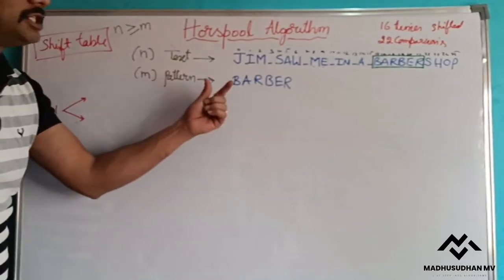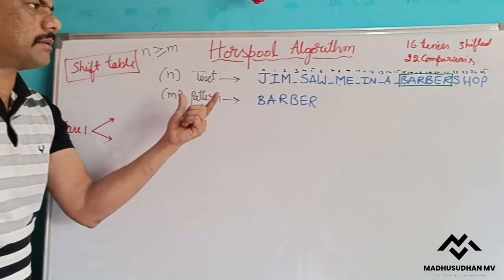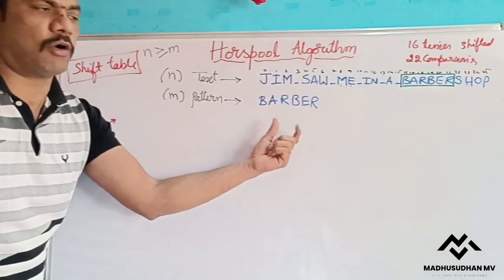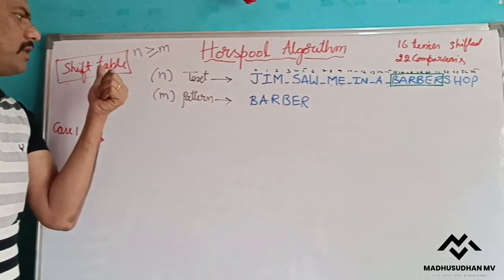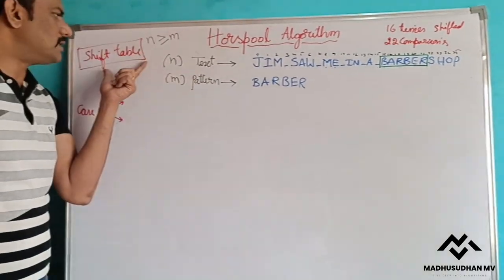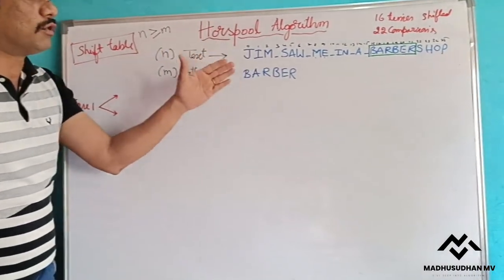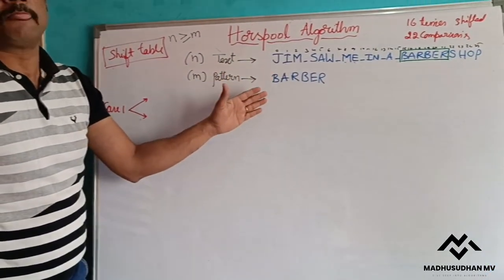In brute force, we simply shift one position. But the Horspool algorithm shifts by more positions, and how many will be decided by the shift table. This is the additional information it generates. With this information, we can reduce the number of shifts as well as the number of comparisons compared to brute force.